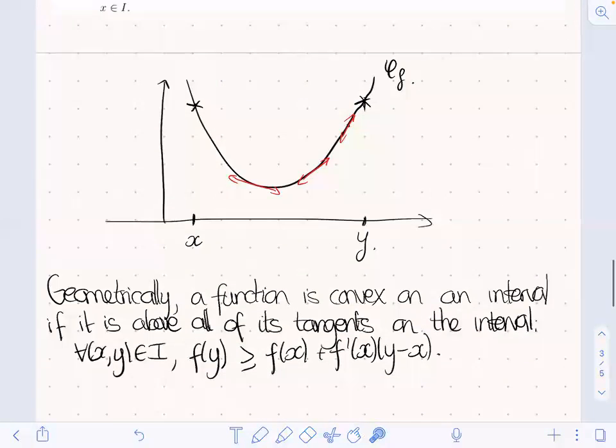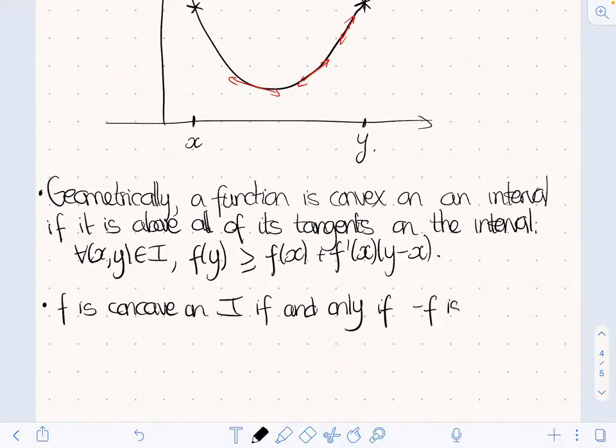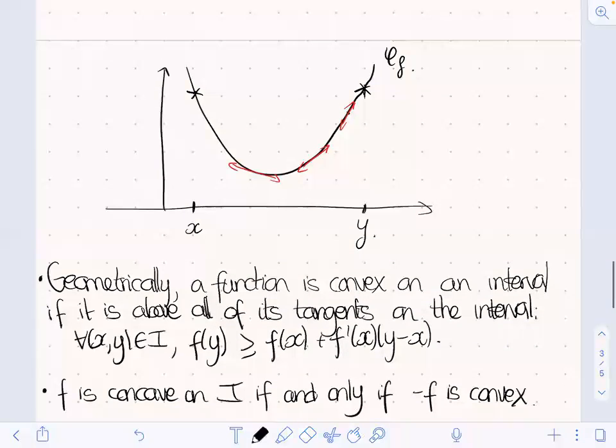And one thing that you can take away about being concave is that f is concave on I if and only if minus f is convex. Okay, and here we've got the example of a convex function.